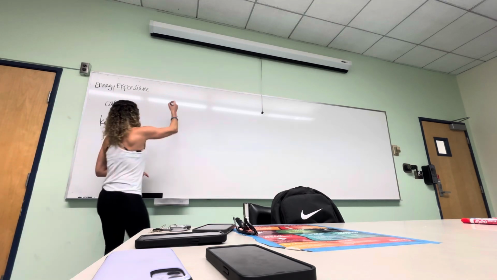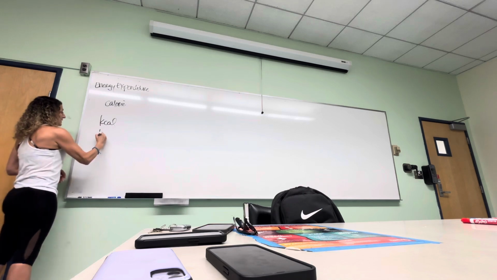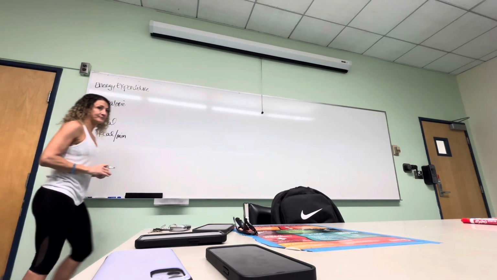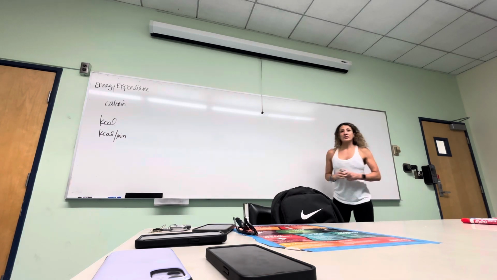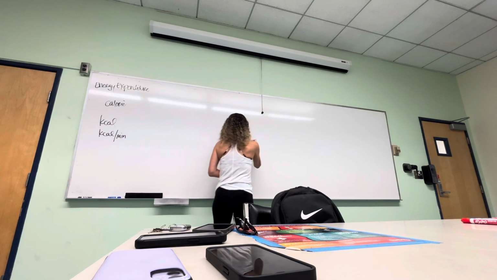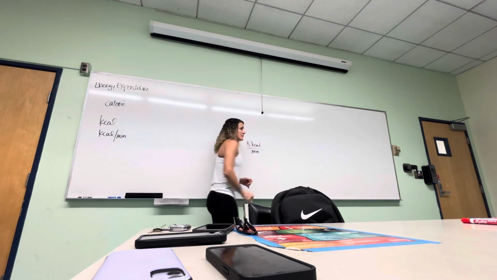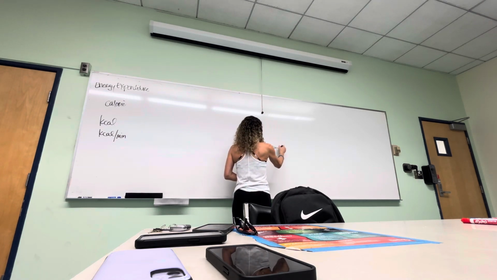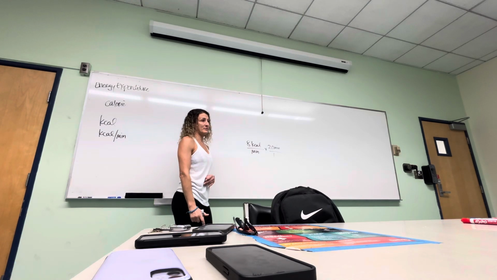So calories will be expressed either in total calories or in calories per minute. So it could be like, during my run, I burn 8 calories every minute, and I ran for 20 minutes. And you figure out how many total calories you burned.